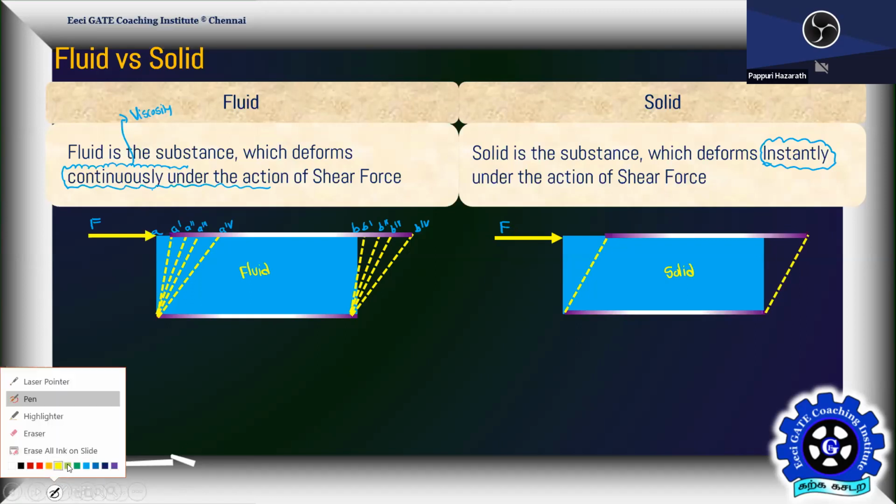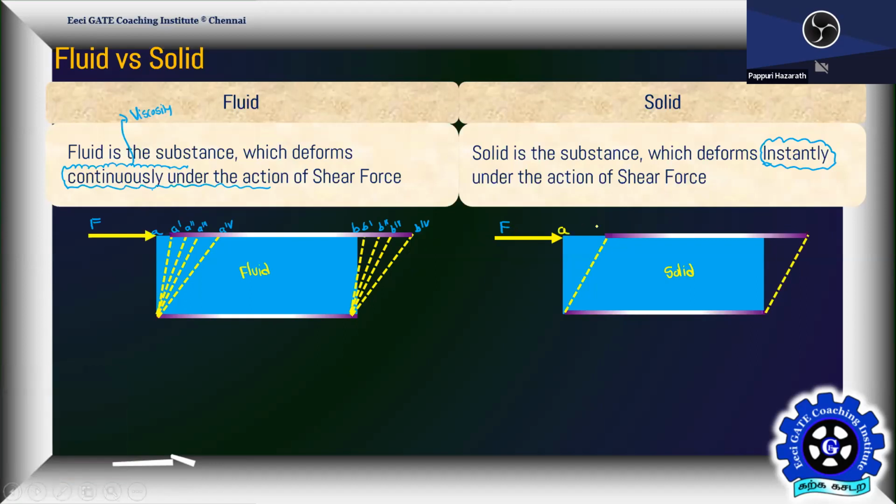When you apply a shear force on solid, instant deformation. Shear force is a parallel force? No. Shear force is nothing but transverse shear load. Here, this is the part.